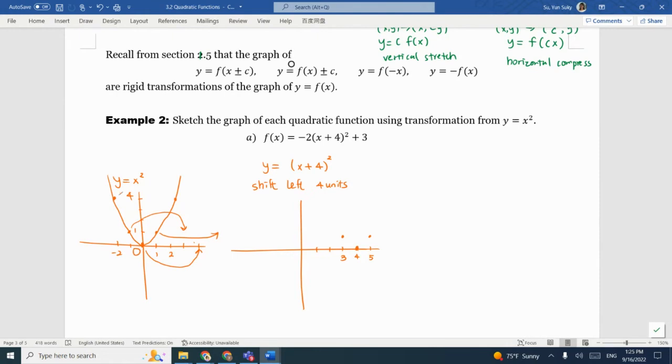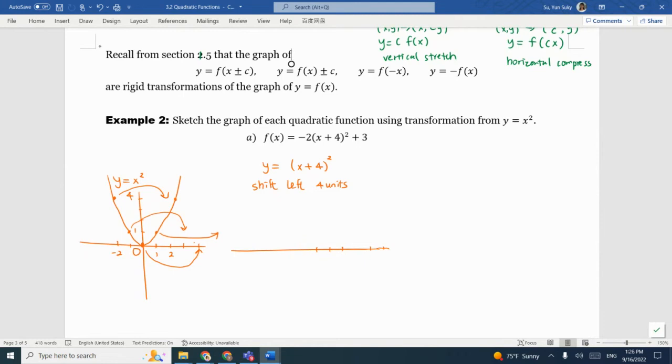And this is also (2, 4), right? And this is (6, 4). So we connect them. Sorry, you see, I make mistakes too.